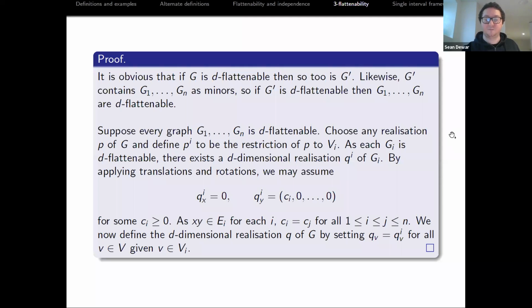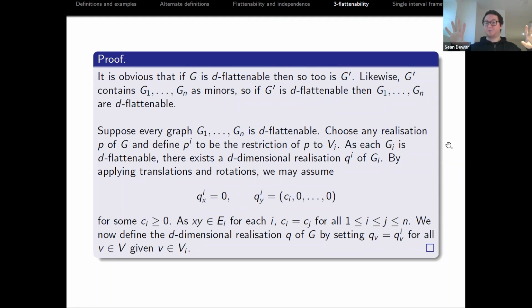So if we assume they're all deflattenable and we choose a realization P of G, in however many dimensions you want, we can decompose P into these Pi. The Pi is just a restriction of P to the vertex set of Gi, the set Vi.